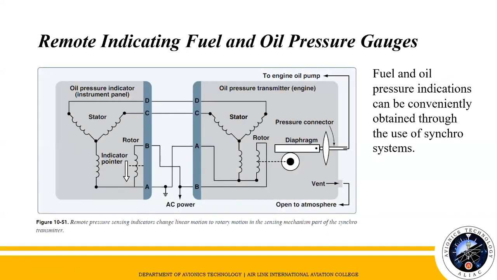So, kung pupunta tayo sa remote indicating fuel and oil pressure gauge, yung fuel and oil pressure indications can be conveniently obtained through the use of synchro system. Kasi, katulad ng sinabi ko before, syempre, bawal ka naman maglagay ng fuel line and oil line into the cabin to the direct reading gauges. Syempre, hindi desirable yun na nagdadala ka ng fuel or oil sa may cabin.